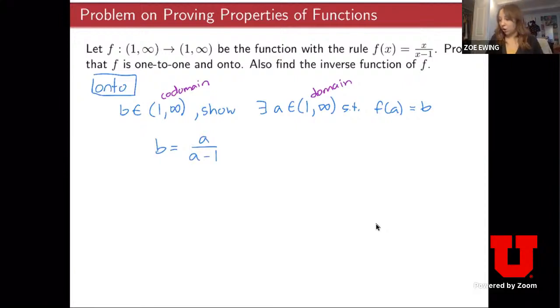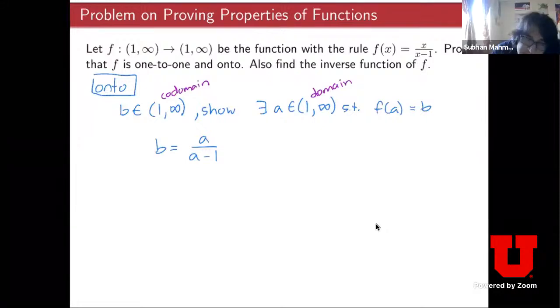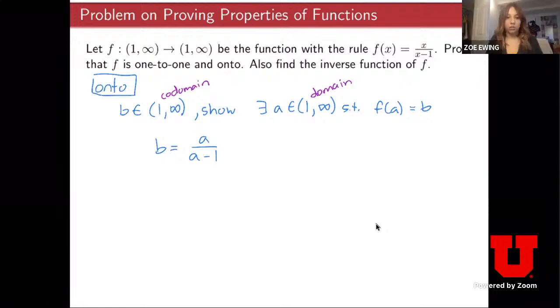All right, so there are a couple different ways to prove it. Does anybody want to say where they would go from here? Get the inverse of b. Sorry, what do you mean by that?